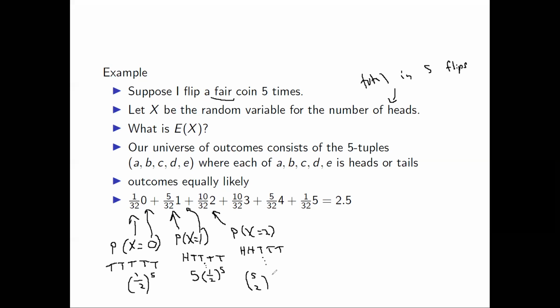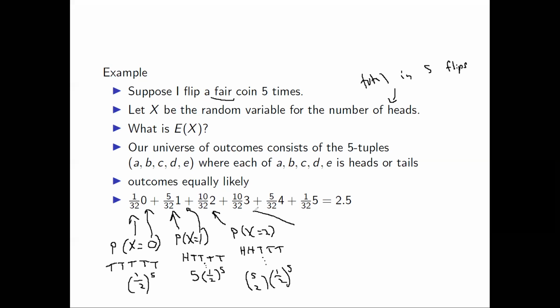And it was times 1/2 to the 5th again. 1/2 to the 5th is the probability of each of these single outcomes. And we have a total of 5 choose 2 of these single outcomes that give us 2 heads. So 5 choose 2 times 1/2 to the 5th gives us 10 over 32.